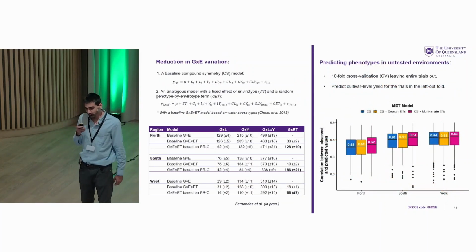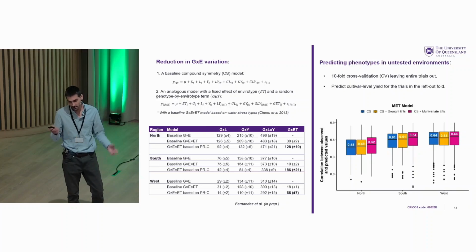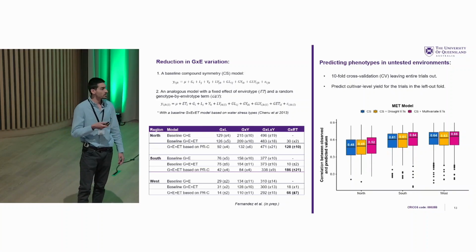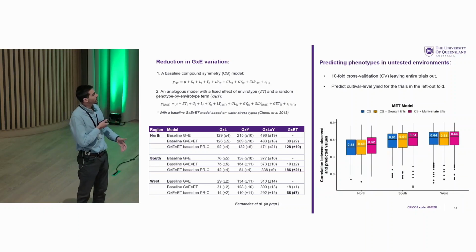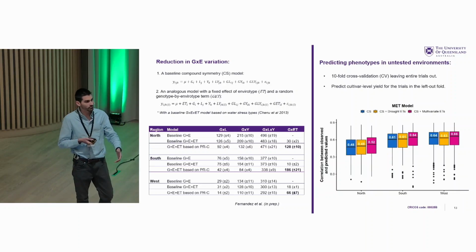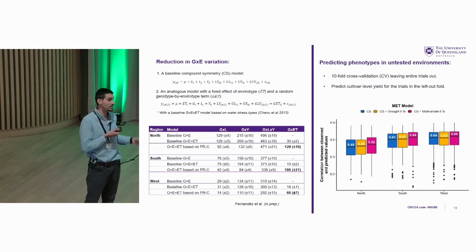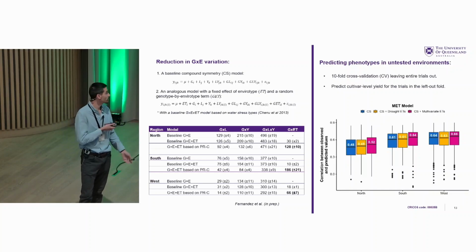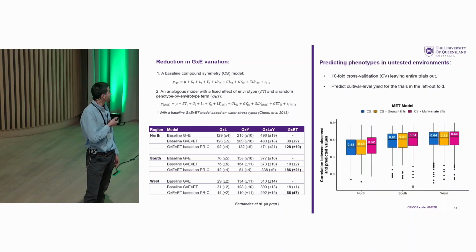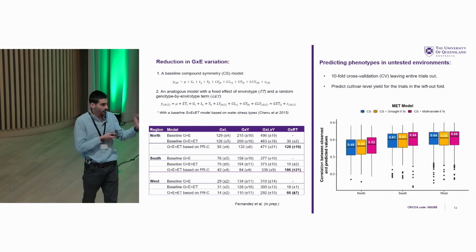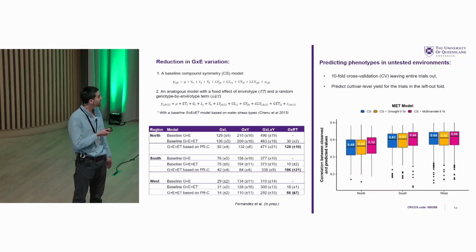So how did they work, or were they any useful? For that, we used two criteria. One was the reduction in the G/E, using a baseline compound symmetry model, and a model with an additional G by envirotype term, using the reference drought envirotypes or water stress envirotypes, and then the ones that we are testing here. I'm just going to show you the method that performed better, which was actually the lasso on the static covariates, so on the stage covariates.